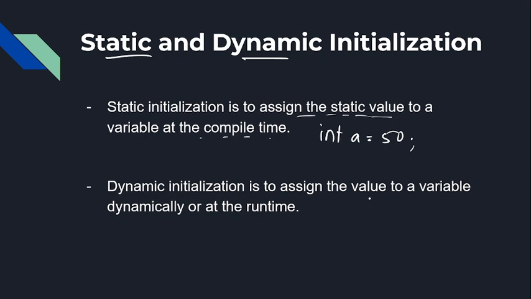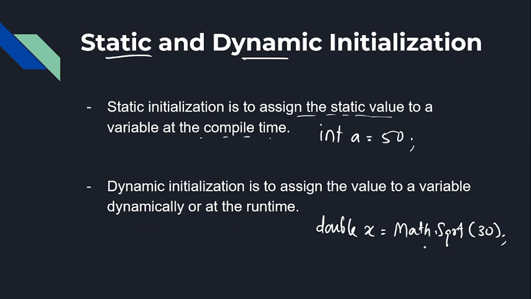But dynamic initialization is when the value is assigned to a variable dynamically, or at runtime. So maybe if I go with something like double x is equal to math.sqrt(30). Now when I say math.sqrt, the square root of 30 is to be computed. So that cannot happen at compile time.